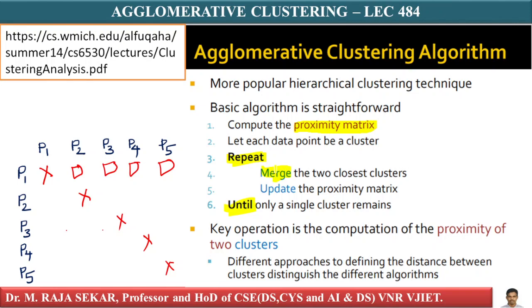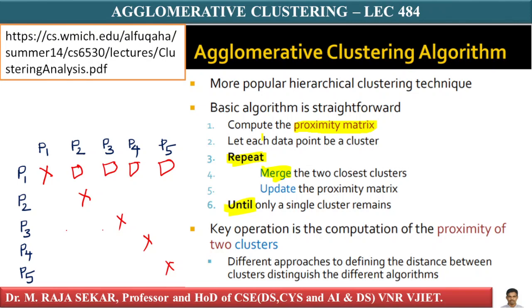In this case, what happens if you see that p2 and p3 have the smallest value among all of these pairs? You can ignore p1 and p1, because the distance from p1 to itself is 0.